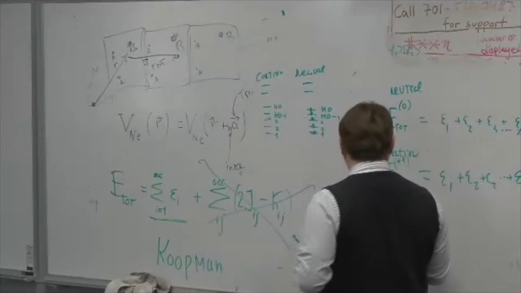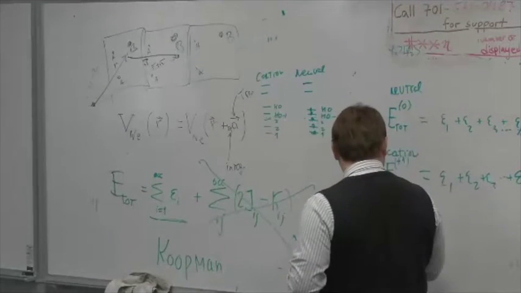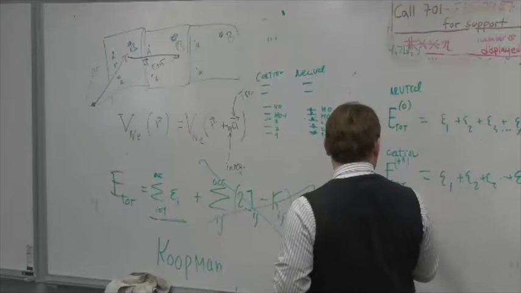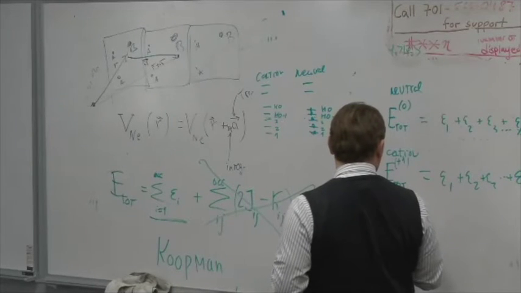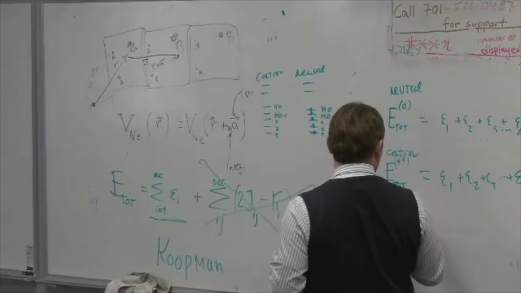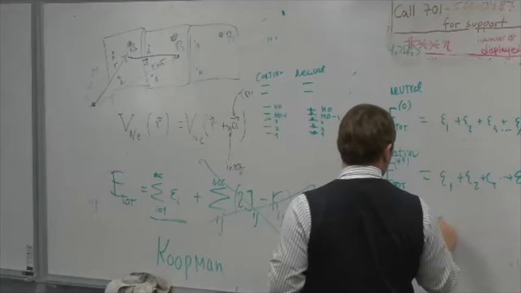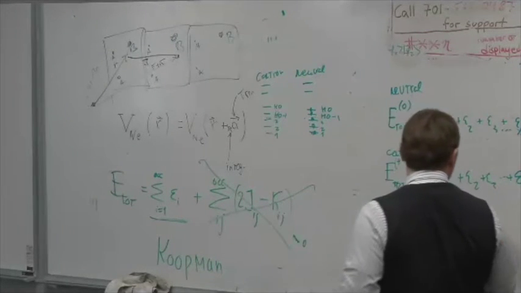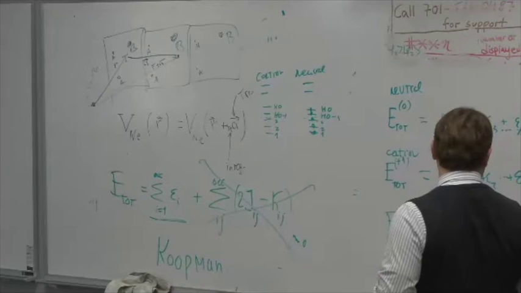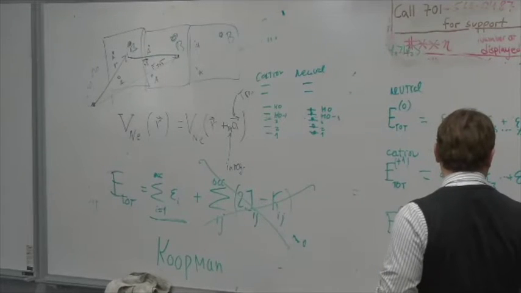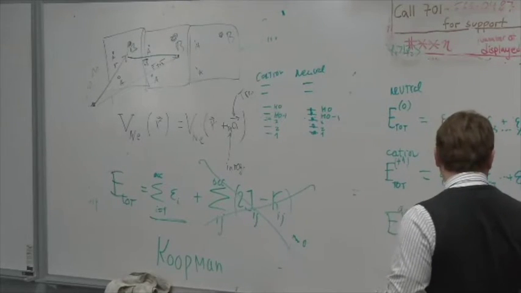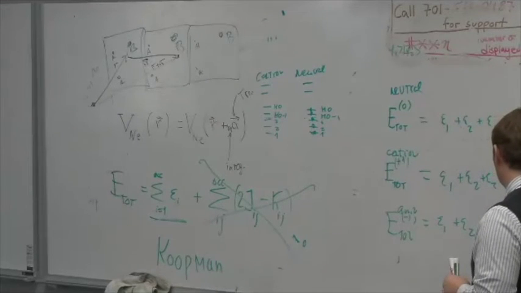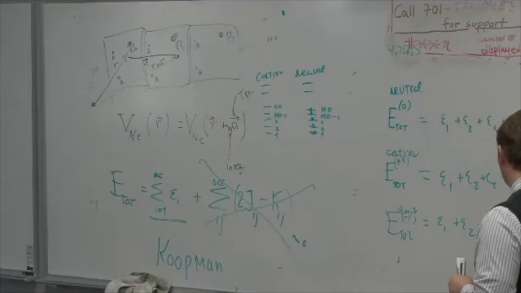But we still need an anion, so we go to LUMO. E1, E2, E3. So HOMO minus one is occupied and we contribute its energy. HOMO is also occupied and we contribute its energy.